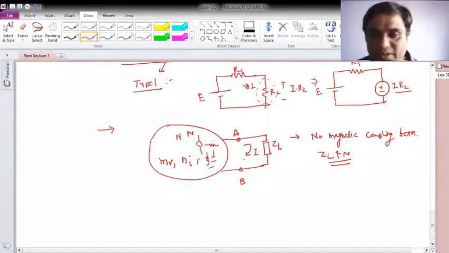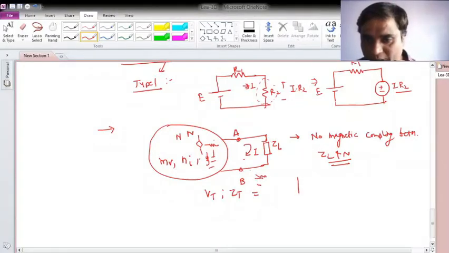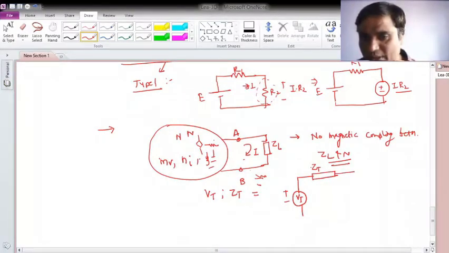As far as this I is concerned, the whole network N can be replaced by a voltage source called Thevenin's voltage source Vt, in series with the equivalent impedance called Zt. Okay, so this is approximately equal to Vt, that is Thevenin's voltage with this polarity, in series with the equivalent impedance Zt, and obviously you connect it with load ZL.